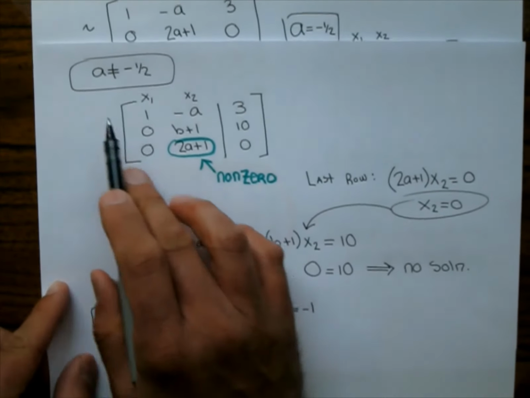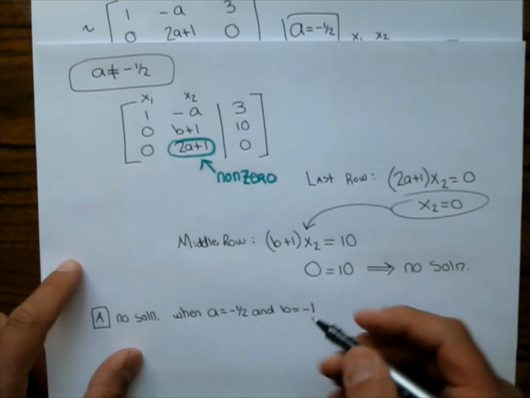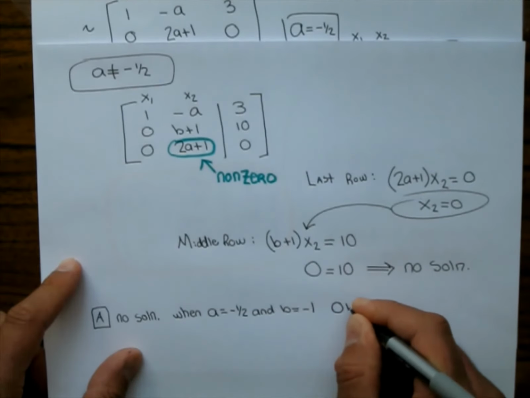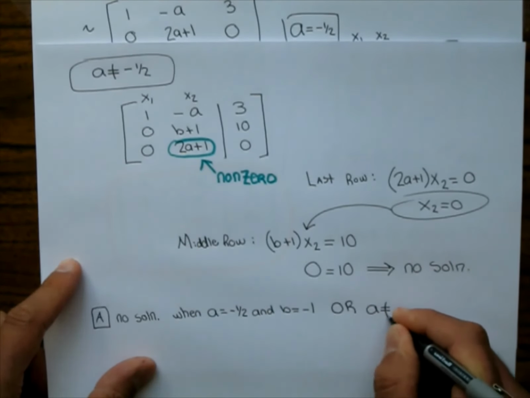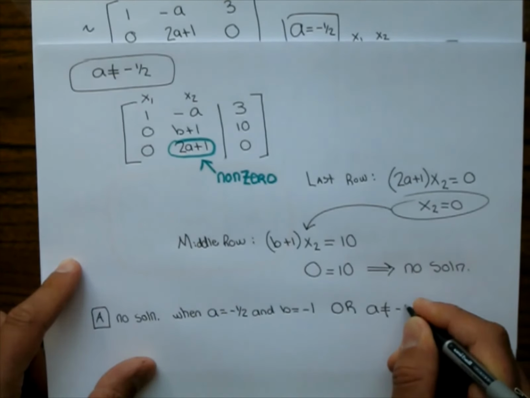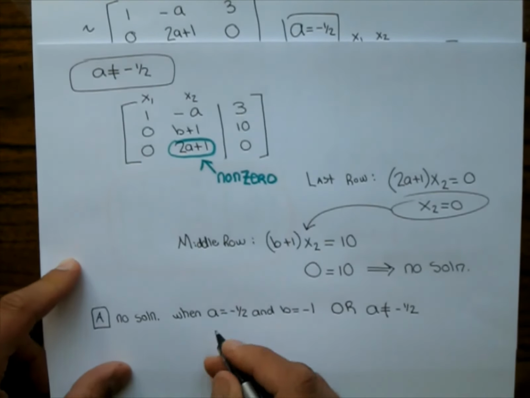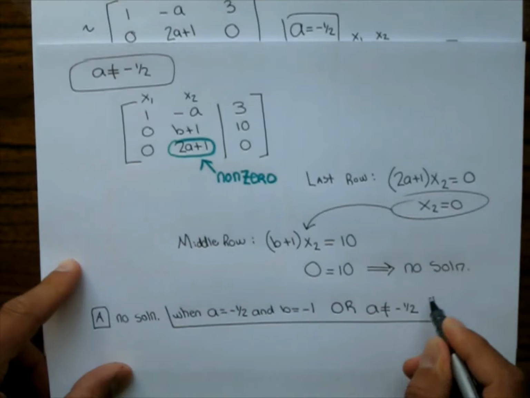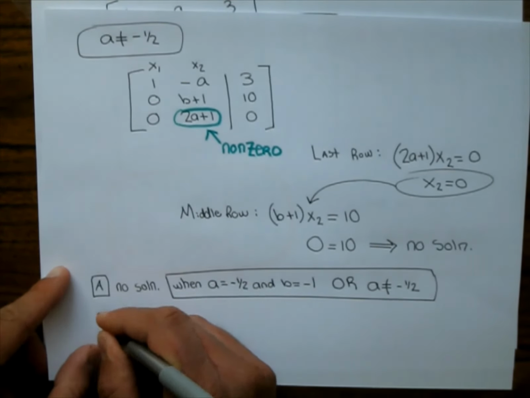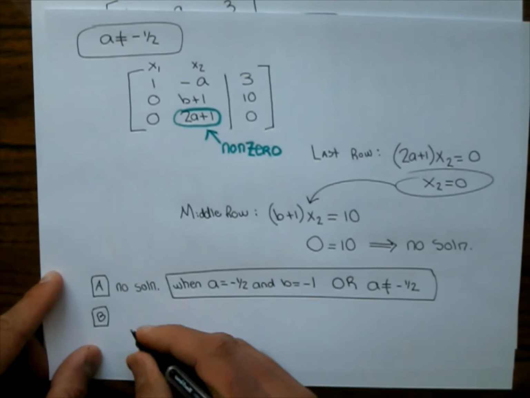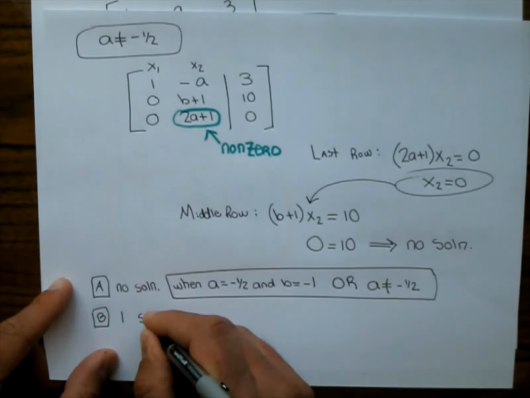But there was another situation we got no solution. It was right here. That was when a does not equal -1/2. So I'm going to put or a does not equal -1/2. So that's no solution. And part B, they want to know when you end up getting one solution.